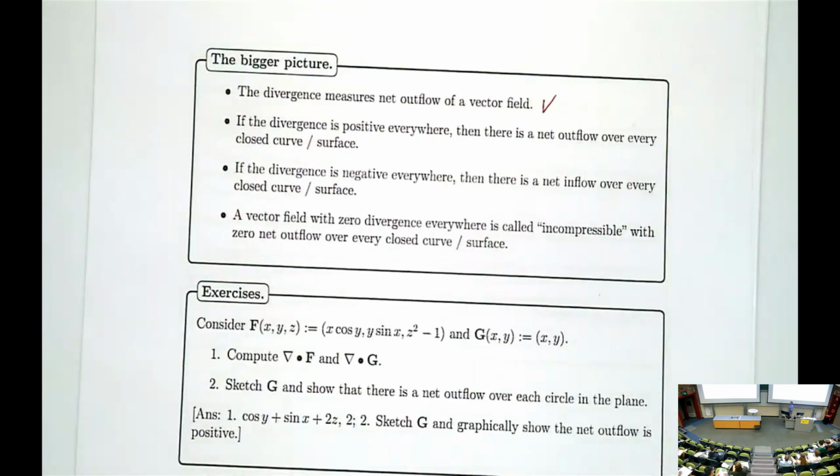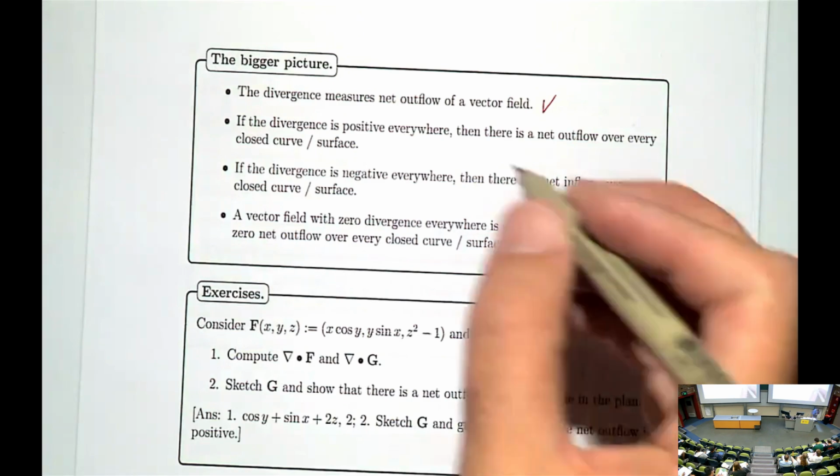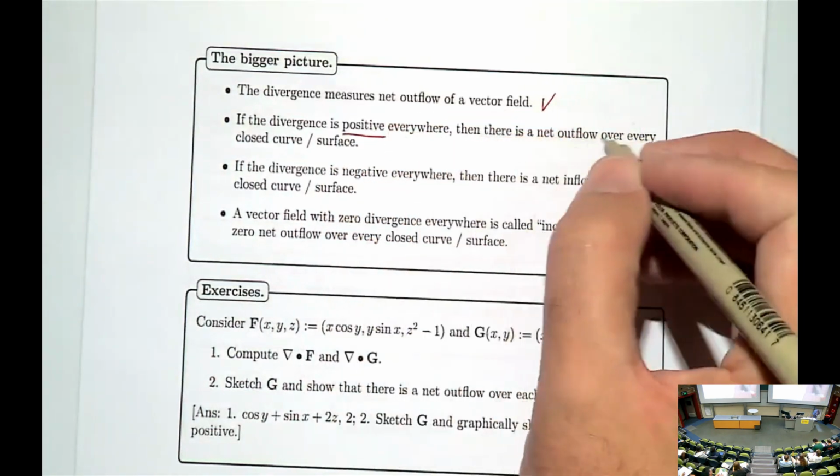We can think about the spread or the net outflow of a vector field. If the divergence is positive, you've got a tendency to spread, to expand; there's a net outflow.